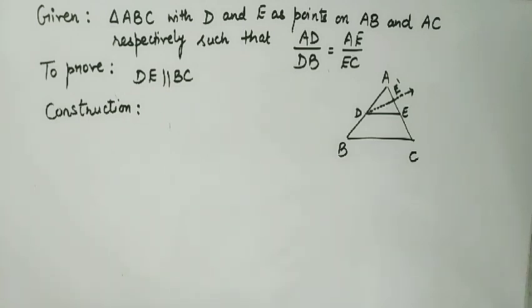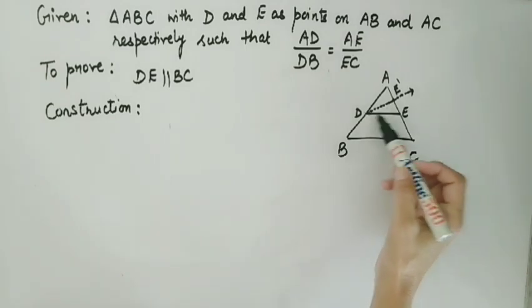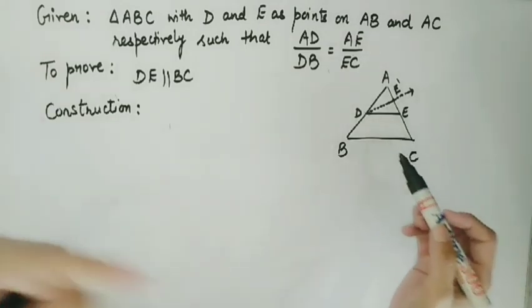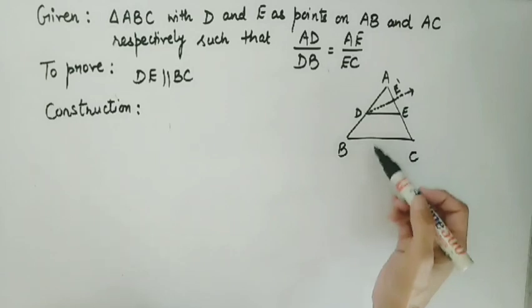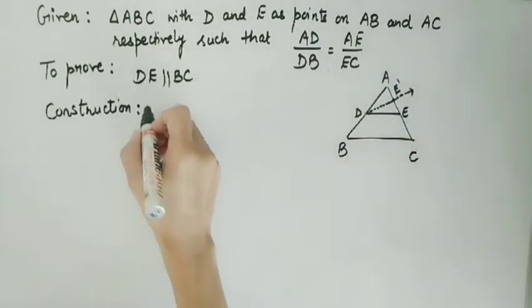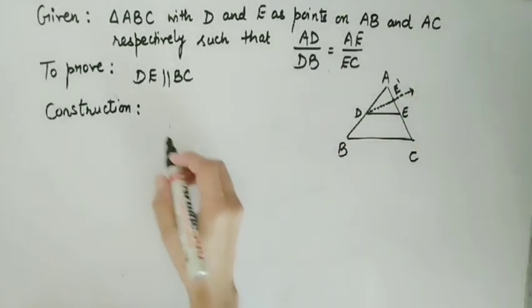For that, first of all, let's do the construction. If DE is not parallel to BC, we assume that DE dash is parallel to BC.